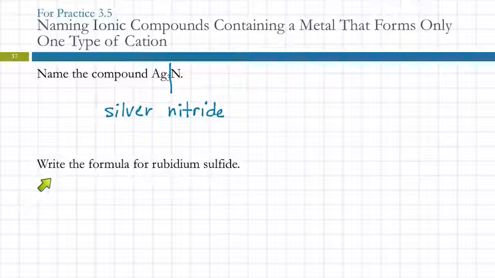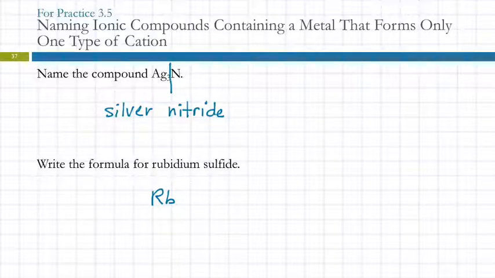And we should also be able to write the formulas from the names. So here's the name of a compound, rubidium sulfide. Well, we got to find rubidium. It's Rb. What group is it in? Group 1?